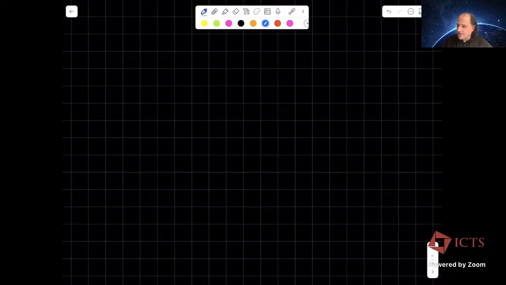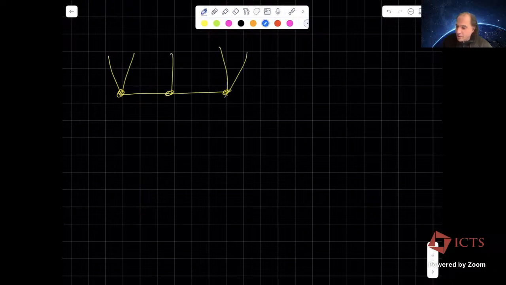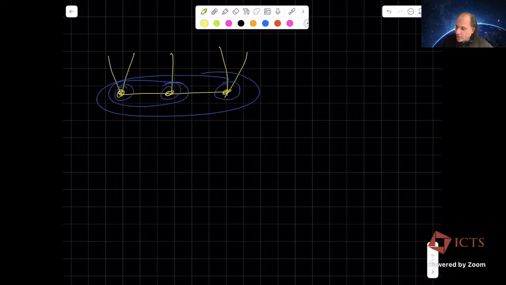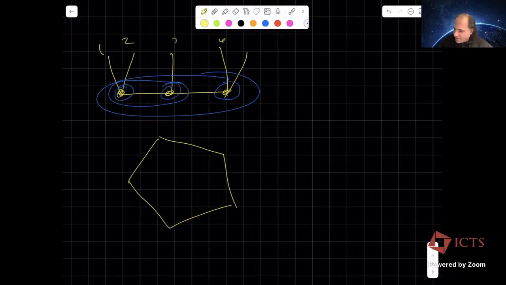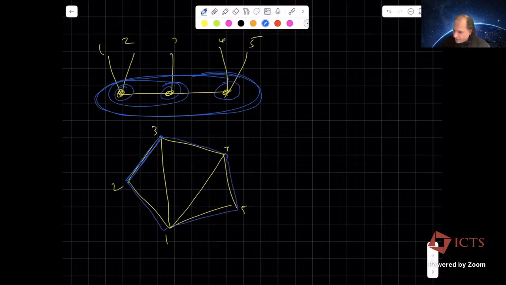So let's look at a 5-point example. When we had this guy, remember, even for this one diagram, there were two tubings. So let's see if we can interpret those two tubings in our picture again. So here's one of them. Here the corresponding picture would be a pentagon: 1, 2, 3, 4, 5. Again, the very biggest tube is the full perimeter of the full thing.